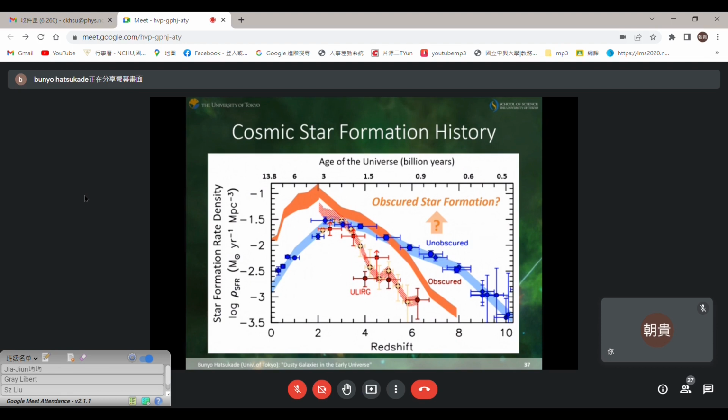Yeah, it is very highly debated, whether this obscured star formation is lower compared to unobscured ones. So far, as you can see, the data points at redshift 7 or 8 are only from unobscured observations, the rest frame UV observations using HST or some large telescopes, and we cannot reveal the highest redshift sources by using submillimeter or millimeter wavelengths.